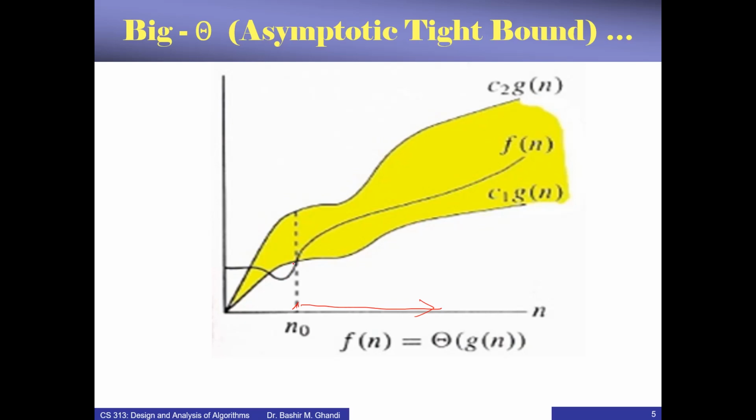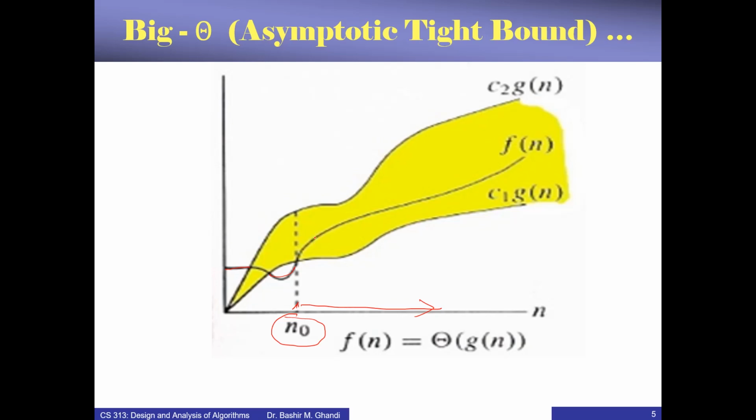Okay, it doesn't matter if fn is below both of them, as you can see here, or greater than both of them initially, at least until n naught. So we will be able to find some n naught, after which fn is always going to be between these two, c1 gn and c2 gn. If that is the case, then we say that fn is theta of gn.